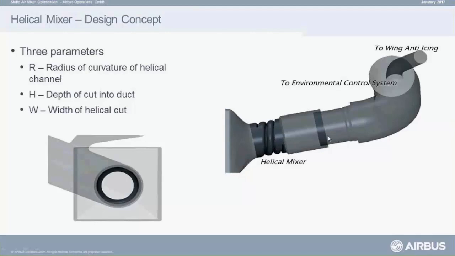And we defined for this static mixer just 3 parameters. First was the radius of this curvature of this channel. Then the h is the depth of this cut, and last but not least, the width of this cut here.